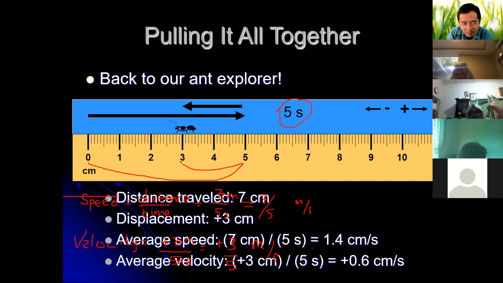Remember, you have to mention the direction when you mention displacement or velocity. It can be plus or minus, right, left, north, south, east, west, and so on. As long as you have given the direction, it's okay for displacement and also velocity.